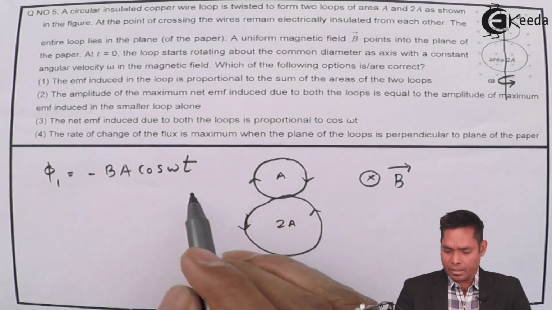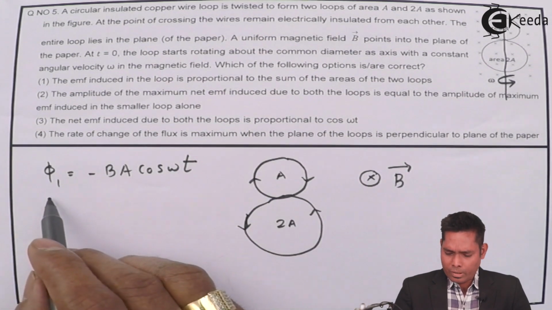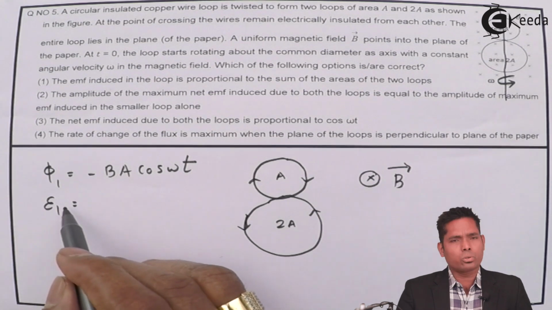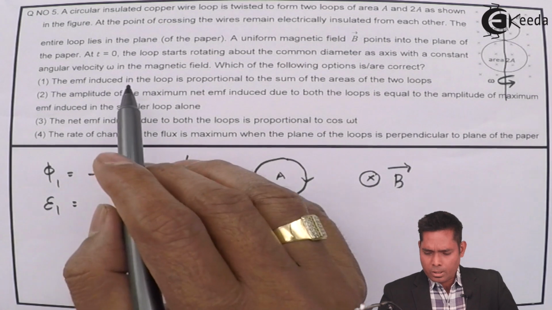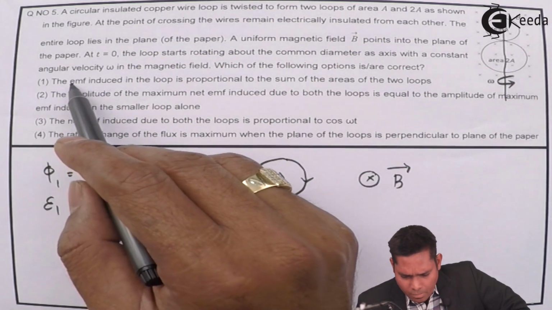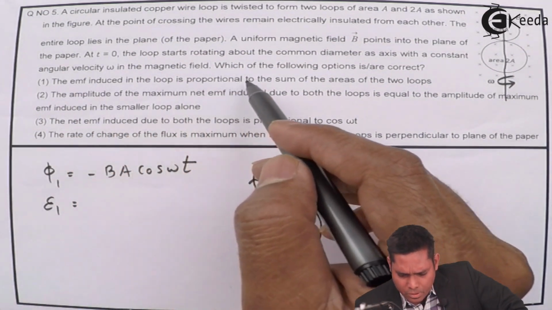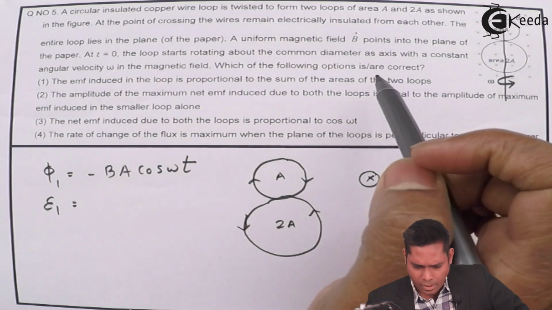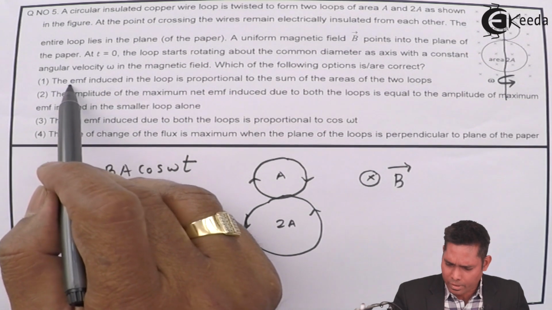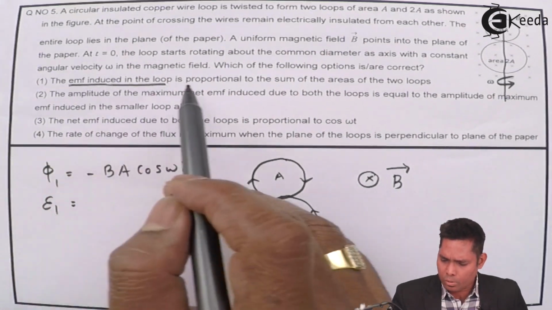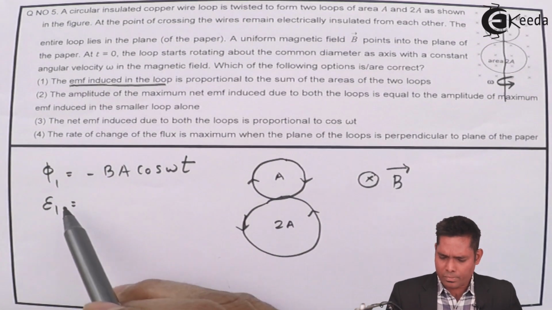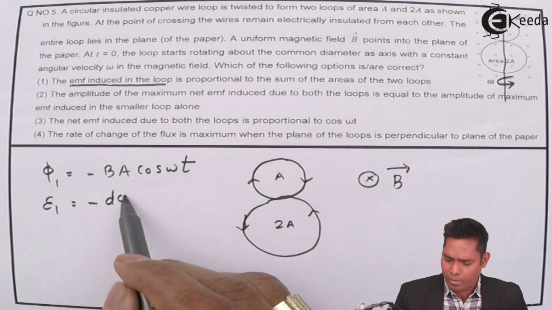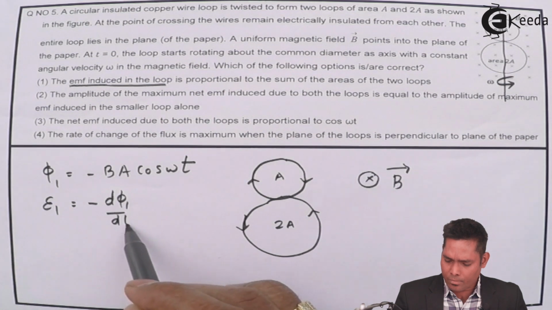Then what is the EMF induced? The EMF induced in the loop is proportional to the sum of the areas of the two loops. This is also asked, so you have to find the EMF induced in the loops so that you can check this. Let us find that EMF induced is minus d phi 1 by dt for this case.